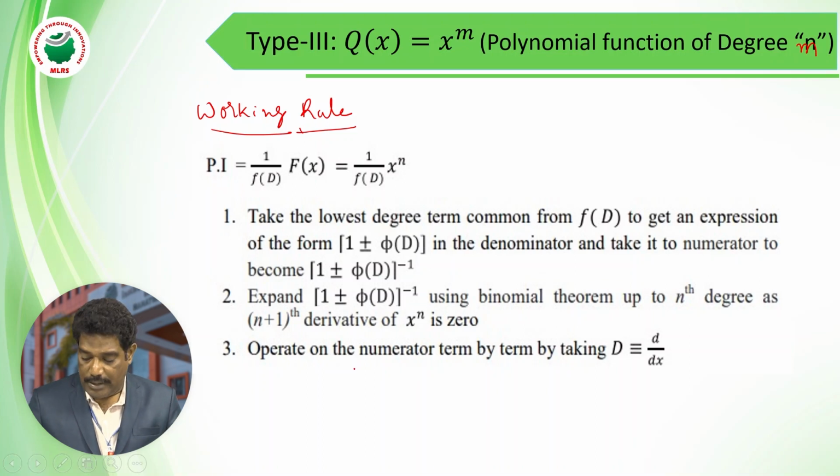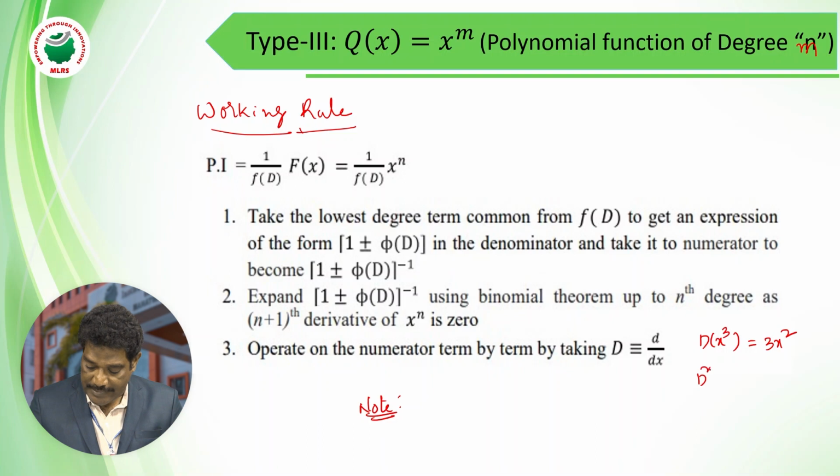After expanding this, now calculate the derivatives. Before calculating the derivatives, first we need to remember one note. We already know, for example, the derivative of x cube is 3x square.